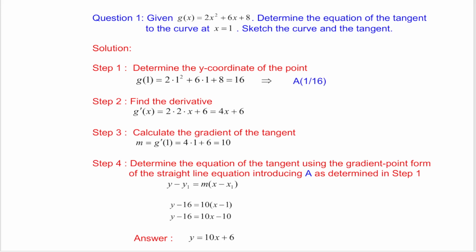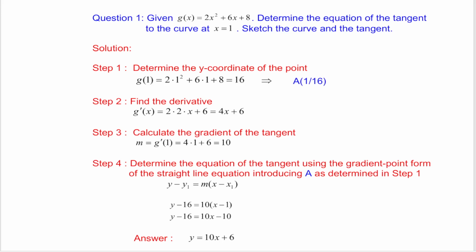Step number 4, we need to determine the equation of the tangent using the gradient point form of the straight line equation, introducing A as determined in step number 1.